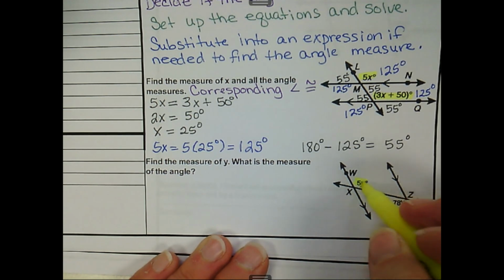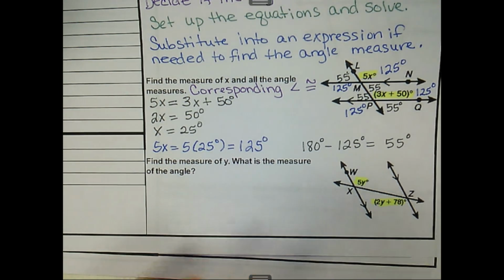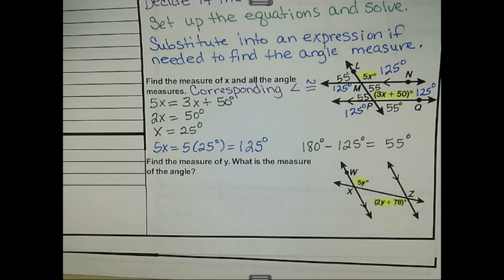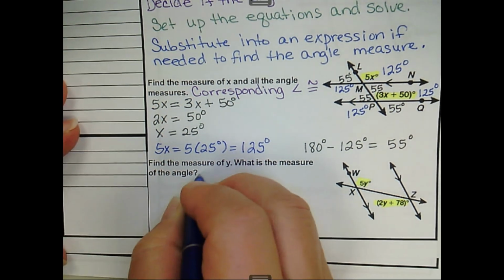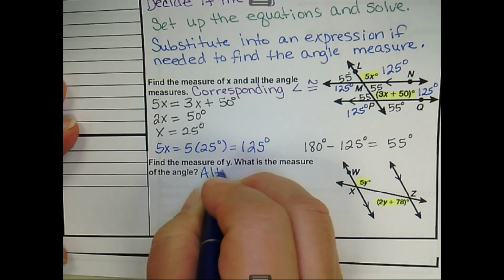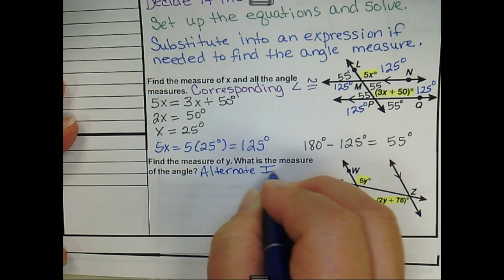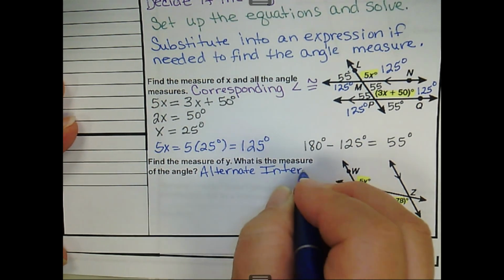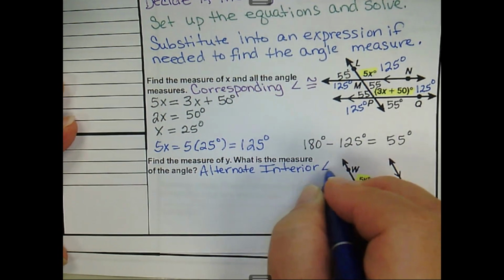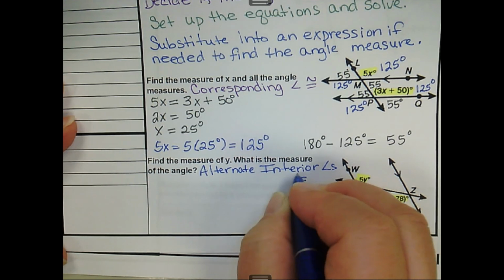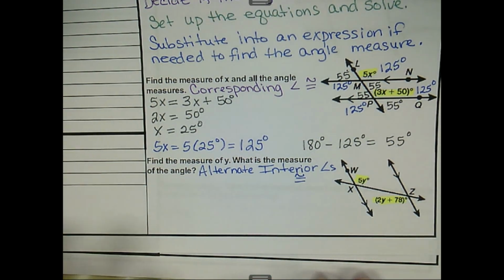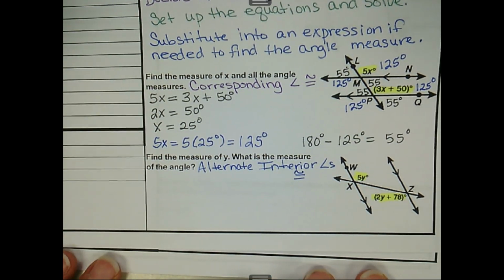They're on opposite sides, which means that they are alternating angles. So these are alternate interior angles. And they, once again, are congruent. If you can't remember, look at our notes.